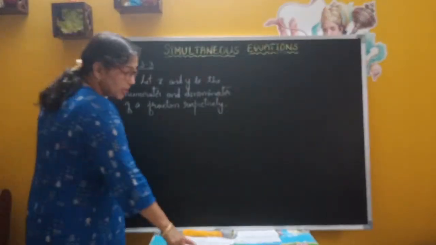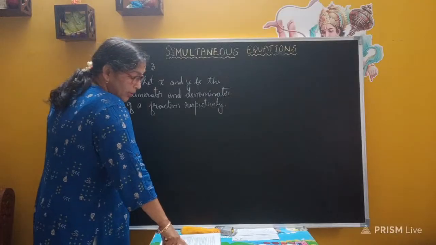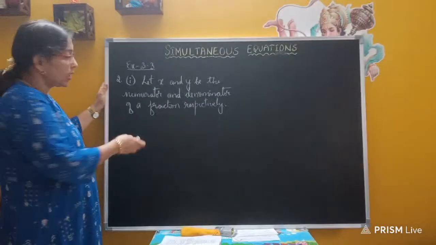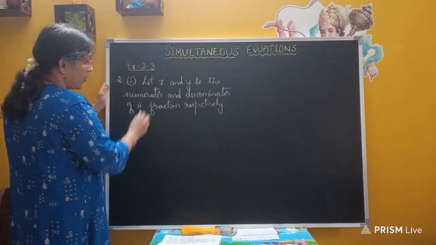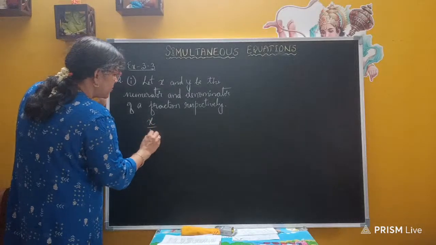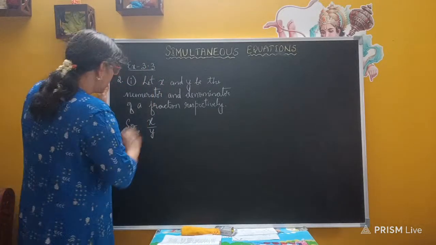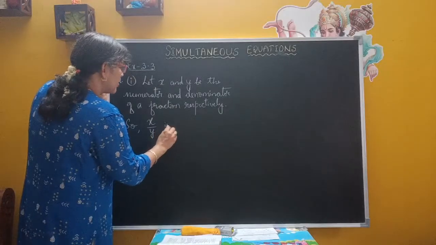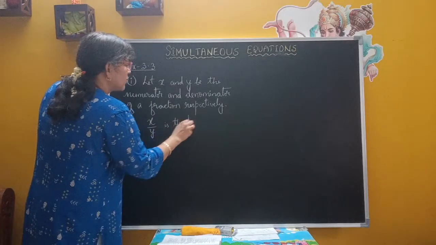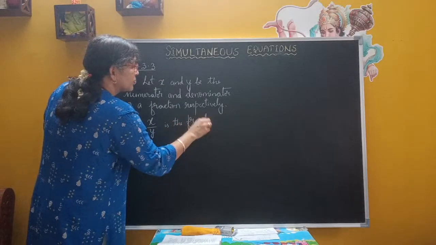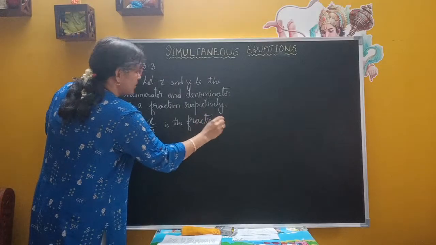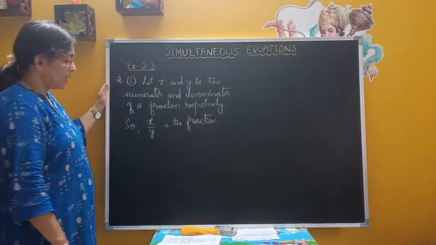Okay, so as per the question, if we add 1 to the numerator. Suppose x by y is the fraction, so x by y is the original fraction.